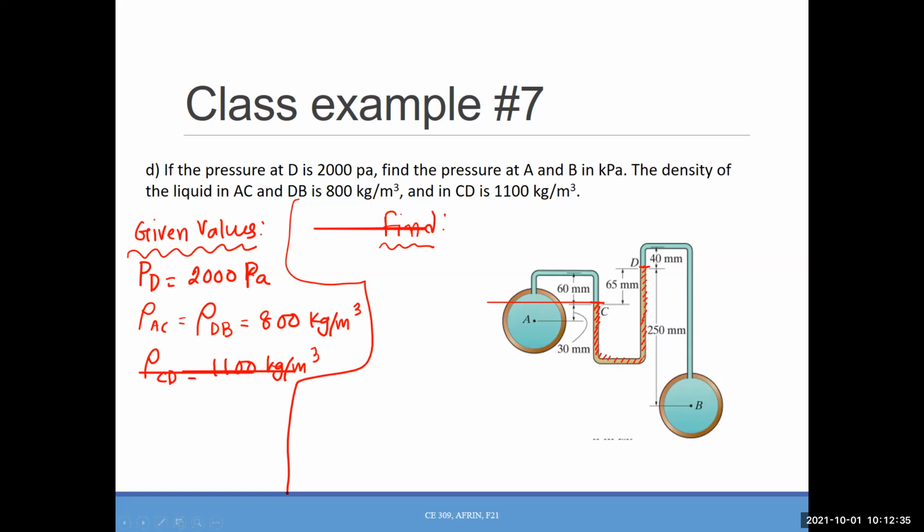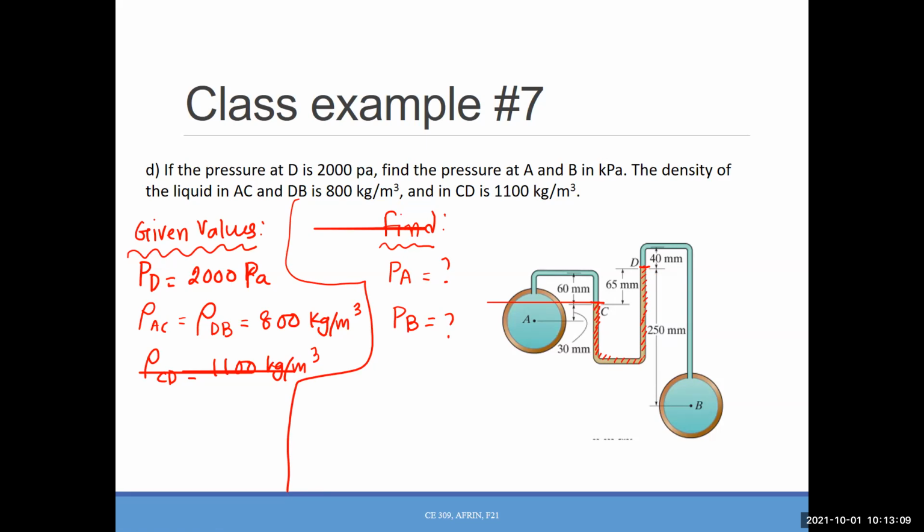Okay. And what we need to find out? PA and PB. Now, if you look at the question here, PA and PB are not dependent on each other, at least for calculation wise, only because we know the pressure at D. So you can calculate PA first, then PB, or PB first, then PA.